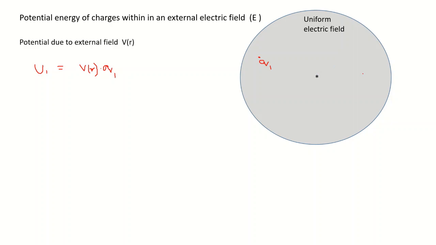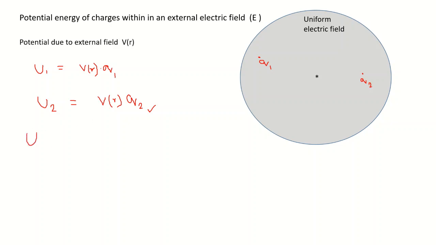Now let us consider another charge Q2 appearing within the field. Now what will be its potential energy? Obviously we will have Q2 V(R2). But when Q2 appears, this is not the only potential energy. Some other potential energy is also present.